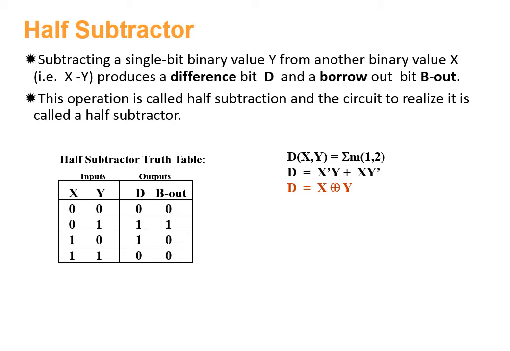Similarly, when we subtract 1 from 0, the difference bit becomes 1, and we need a borrow to subtract 1 from 0, so b out becomes 1. Similarly, when we subtract 0 from 1, the difference bit is 1 and 0 goes into the borrow bit. When we subtract 1 from 1, it produces 0 difference and 0 borrow bit b.